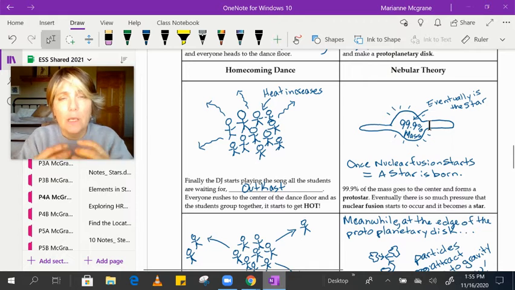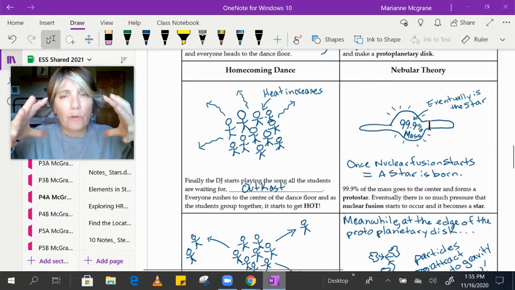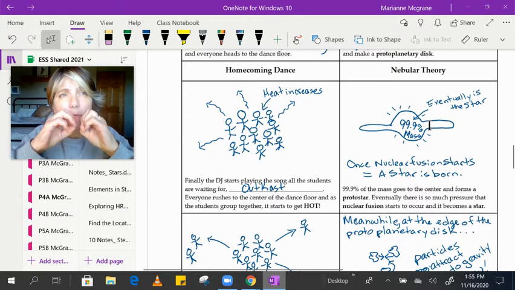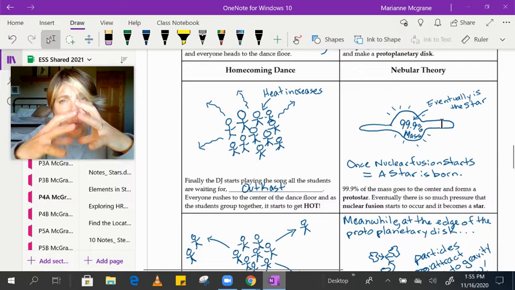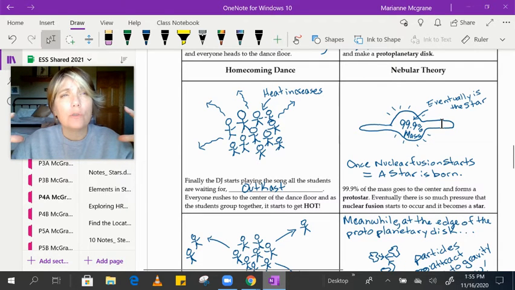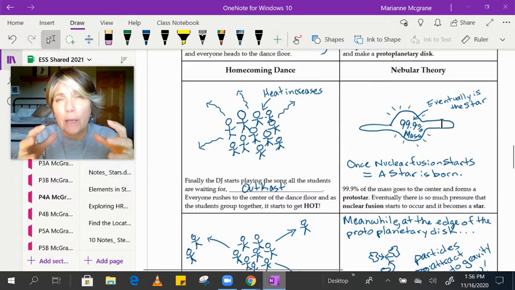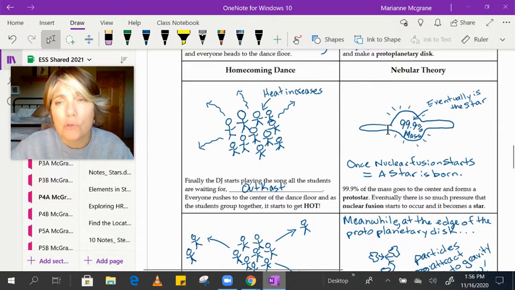Once that happens, that burst of energy is going to send the lighter elements that are remaining in this protoplanetary disk more to the outside edge of the disk. That's going to create our lighter gas giant planets. And then the inside is where the heavier elements are, closer to the star.